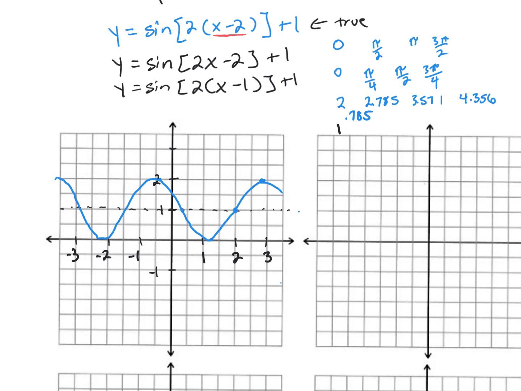So this 1 is 1.785, the next one is plus 0.785, 2.571, 3.356. So here, at 1 is where the 0 is, and at 1.785 it goes up to the top.